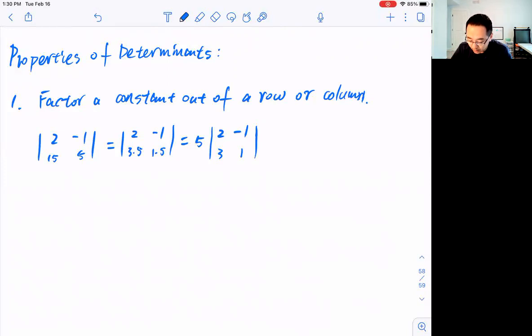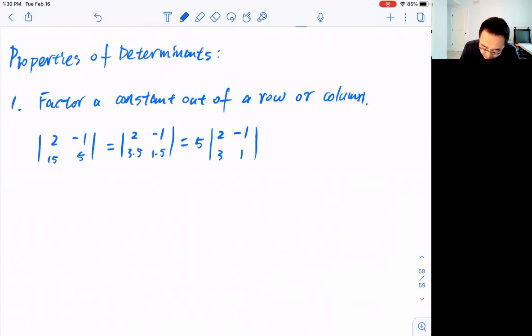Now this you can verify by saying, so if I were to calculate this equals 2 times 5 minus 15 times -1, which is 10 minus -15, and that gives me 25.